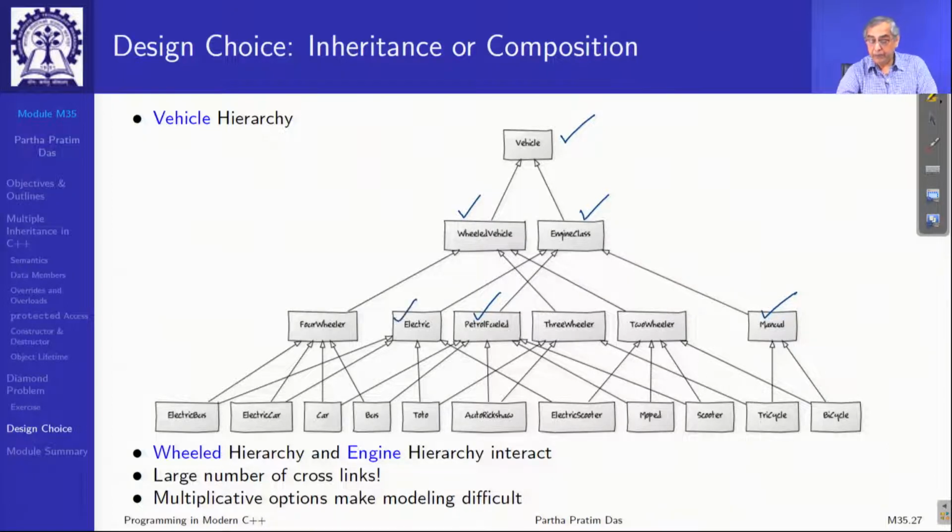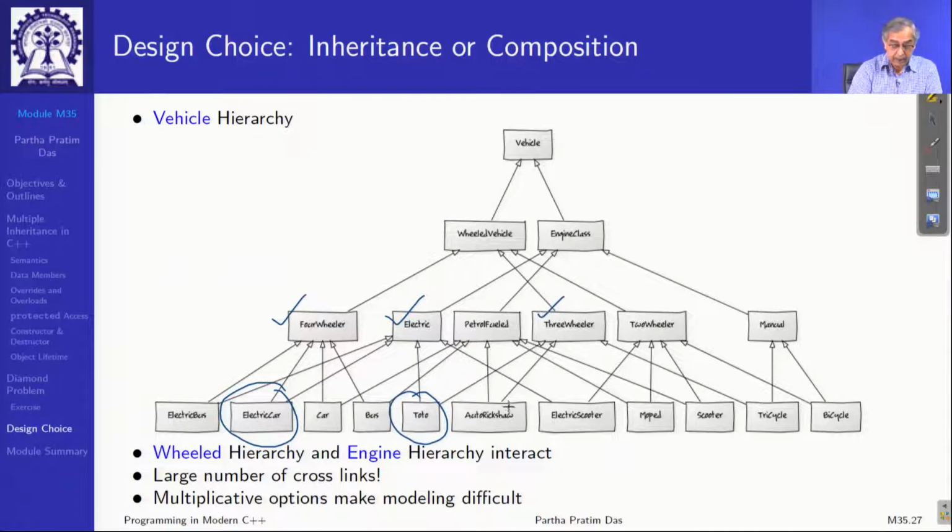So, given these two, naturally there are several combinations of these properties that can happen. For example, an electric car is a 4-wheeler which is electric. A Toto is a 3-wheeler which is electric. A common auto rickshaw is petrol fueled and is a 3-wheeler, right.